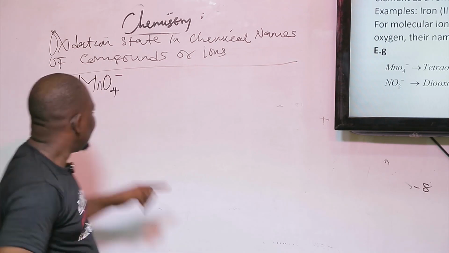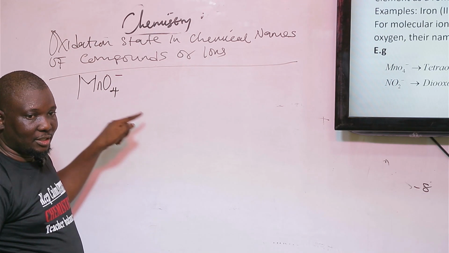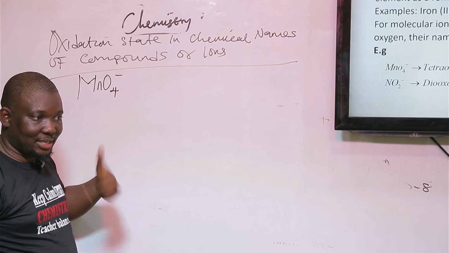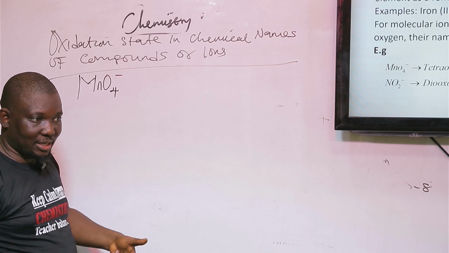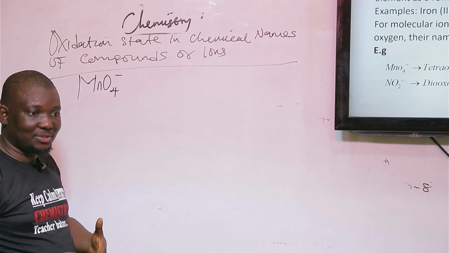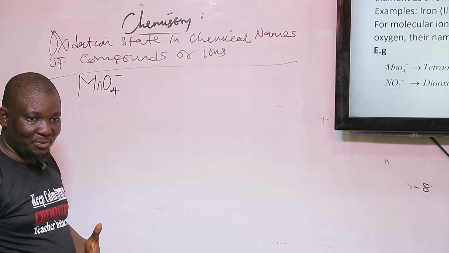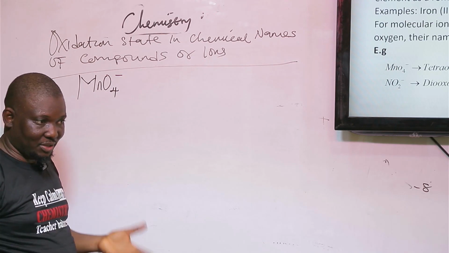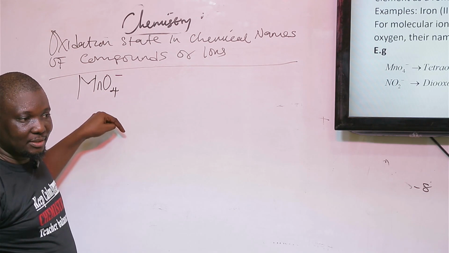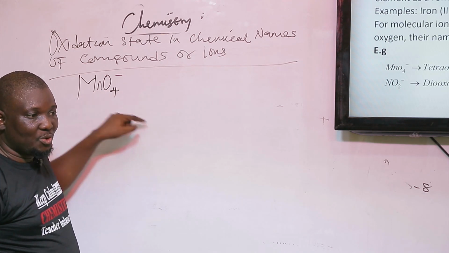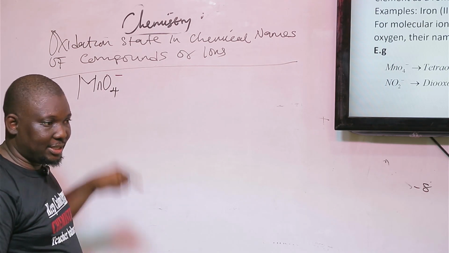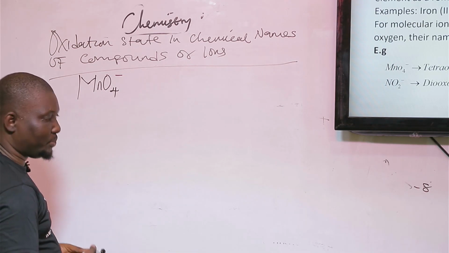Remember that in this molecular ion, of the two elements there, one appears to vary significantly. Which one varies? Manganese, because its oxidation number is not steady. It varies from +1, +2, +3, and so on. So such an element, when naming the molecular ion, will always be mentioned last and will end in -ate.